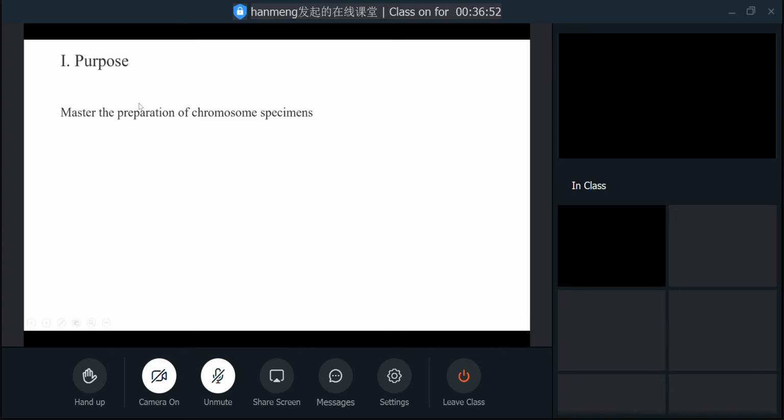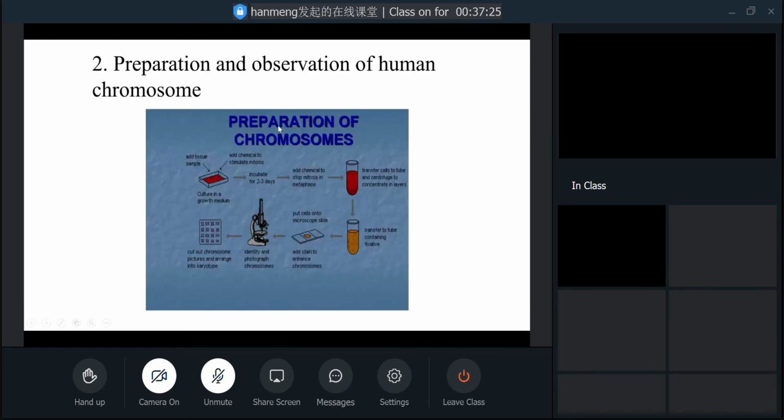So the purpose of this experiment is for you to master the preparation of chromosome specimens. And we will observe the unbanded chromosomes, because we will use Giemsa to stain the chromosome specimen. As we learned in our chromosome variation class, many chromosome variations can be observed under a microscope.